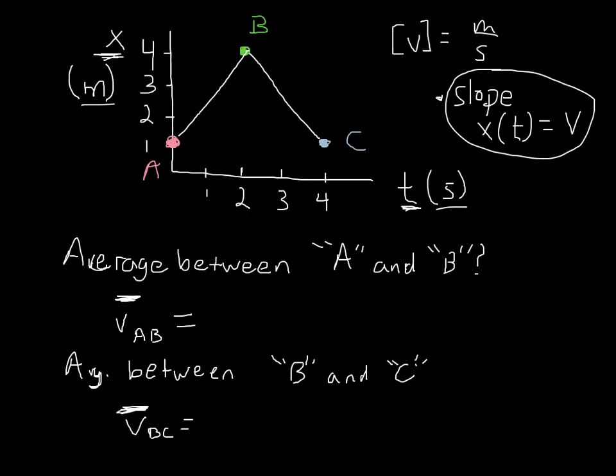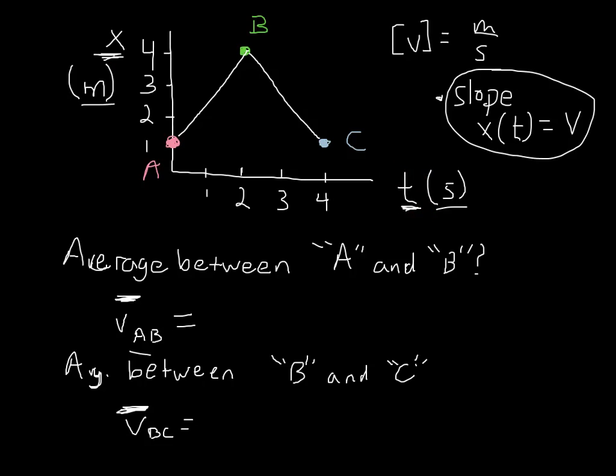So I need to find the slope between point A and point B. To find the slope, I take 2 points. This is a straight line, so I can take 2 points and find the slope. I need to do the y-axis versus the x-axis. In this case, it's a little confusing possibly, but the y-axis in this case is x, is position. The x-axis is time.